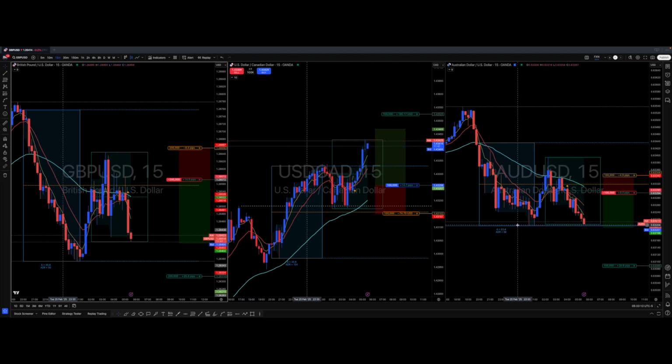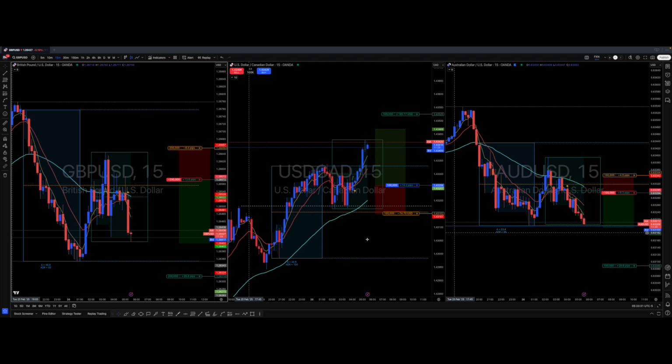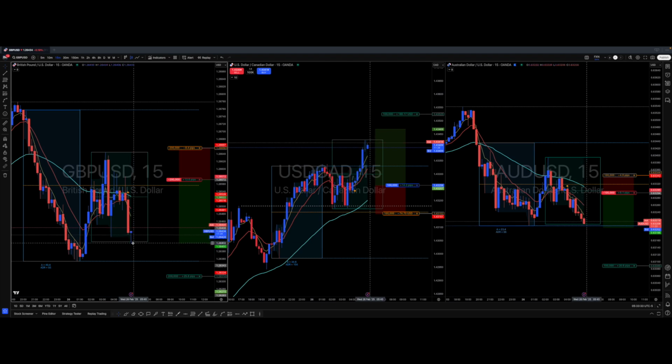So realistically here on pound USD, you can see where price action is right now. It's damn near at 2-to-1, and I should have moved the take profit, but didn't do that. I instead just moved the stop loss to right below break even, so no matter what, it's now not a losing trade.